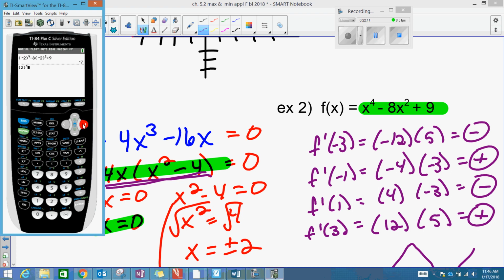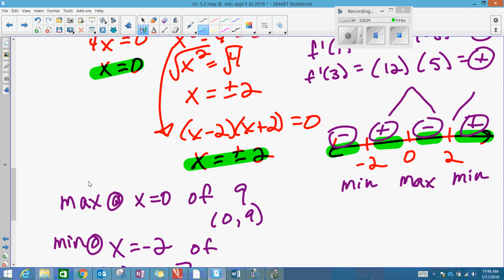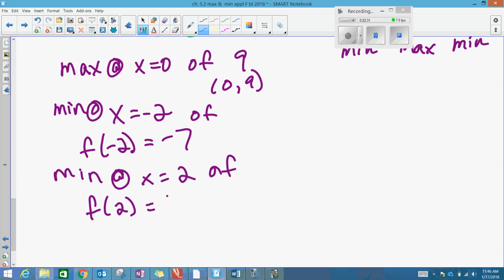So f of 2 to the 4th minus 8 times 2 squared plus 9, and I get +7. So down here, I have f of 2 equals 7. Again, I have a point at 0, 9, a point at -2, -7, and a point at +2, -7.